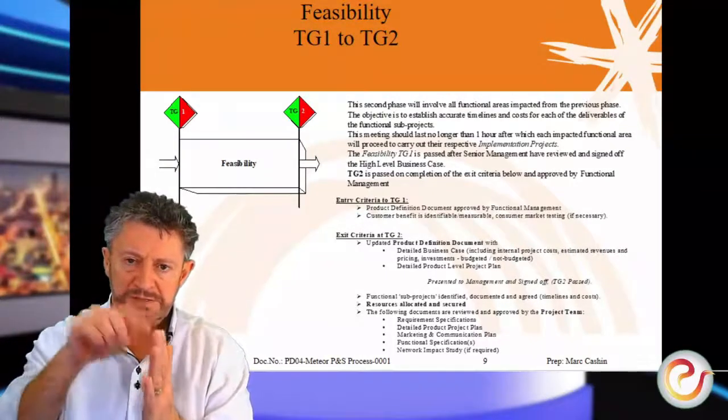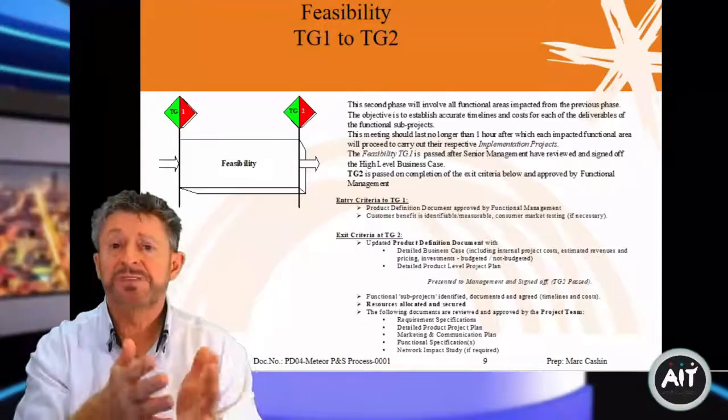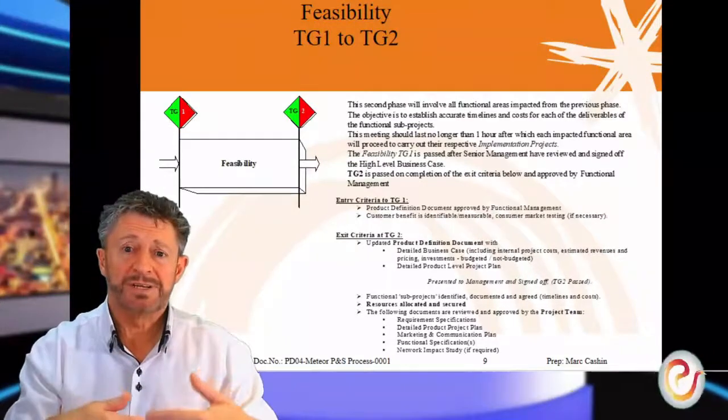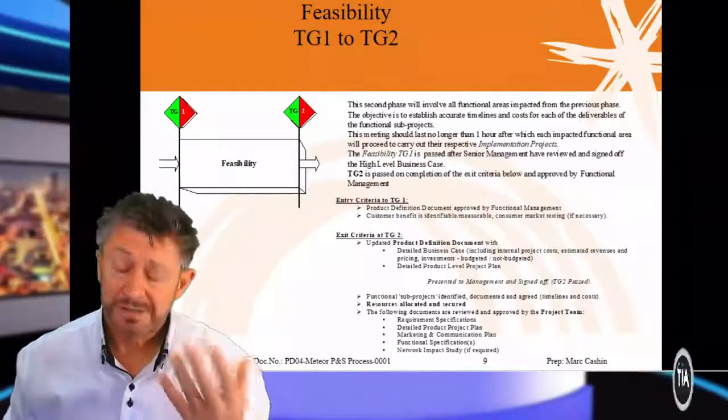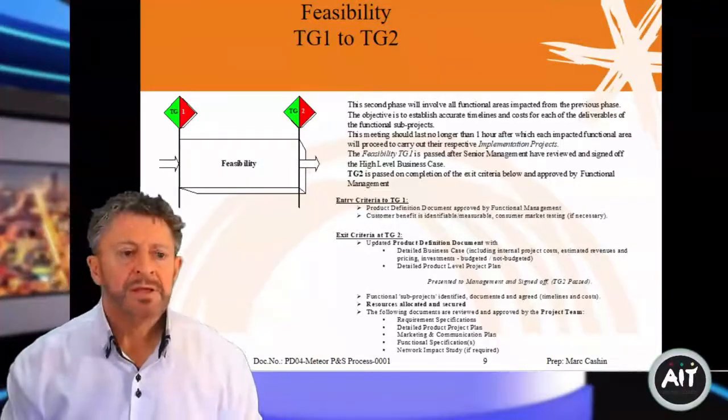We could see the spikes, it's like your CPU performance. If you add more applications, does your CPU performance go up and down? It's exactly that type of thing. So that was a network impact study.